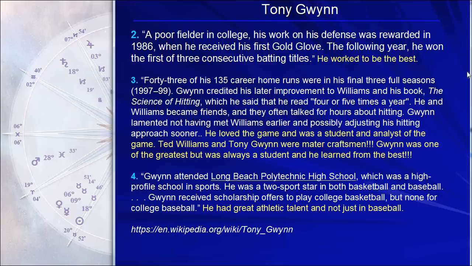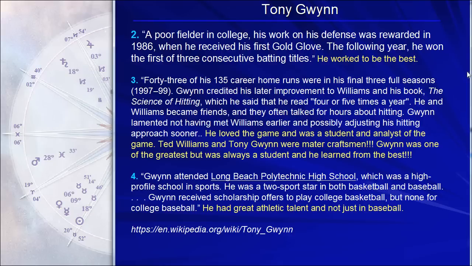Gwynn credited his later improvement to Ted Williams and his book, The Science of Hitting. So if you don't know baseball, then you might not have heard of Ted Williams. He's even a greater baseball player, much more well-known, one of the best of the best of the best. And Ted Williams wrote a book called The Science of Hitting. So Ted Williams goes back earlier than Tony Gwynn.